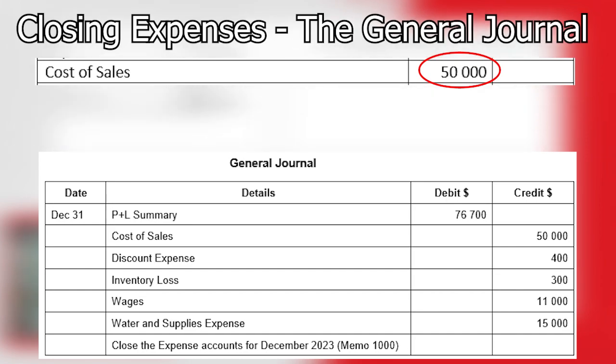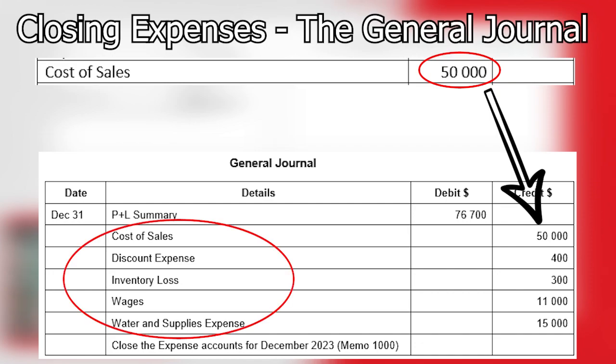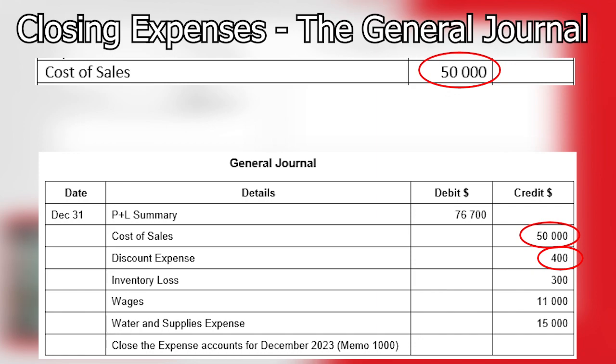So what we'll have here is cost of sales, discount expense, inventory loss, wages, and water and supply expenses. All those entries will be credit, and it'll be what the balance is as per the trial balance. So cost of sales, credit 50,000, discount expense 400 on the credit side, inventory loss credit 300, wages 11,000 credit, and water and supply expense 15,000.